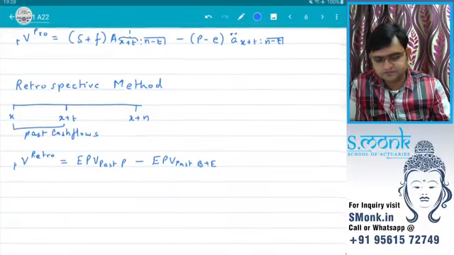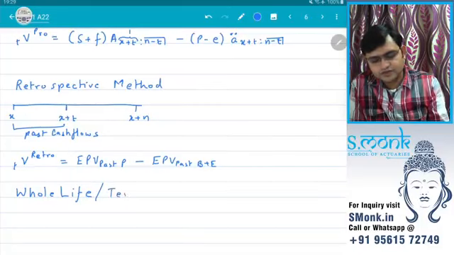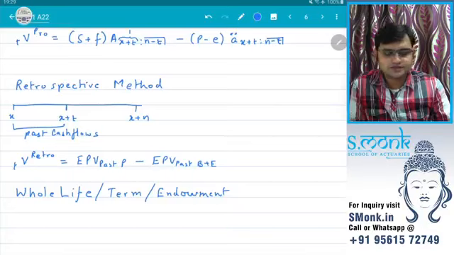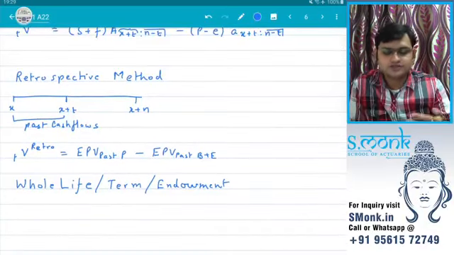Okay, in this case, whole life, term, endowment, we will have exactly the same past experiences, because if the person dies within those years, then the payment would be given.